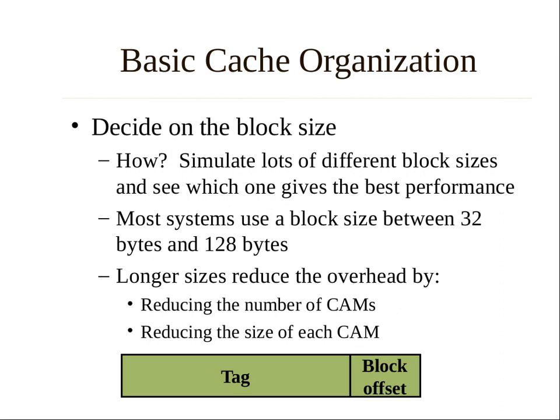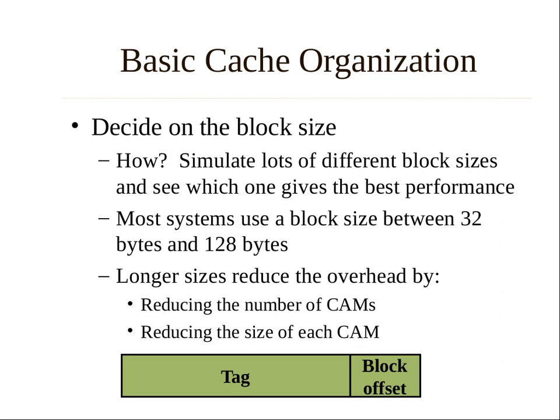So, when you increase the block size, you decrease the tag. Why do we want to decrease the tag? It reduces the number of comparisons we have to do, the number of CAM lookups, which reduces the size of each CAM, which makes your cache actually faster and consume less area, so you can actually store a larger cache as well.